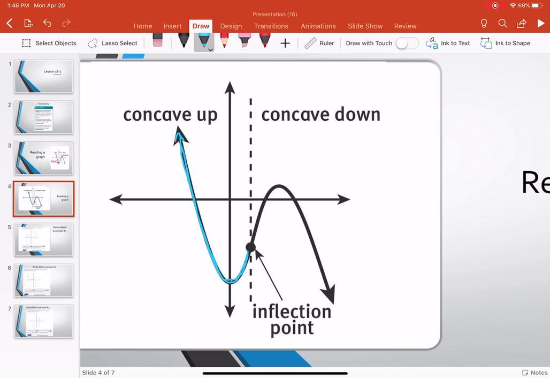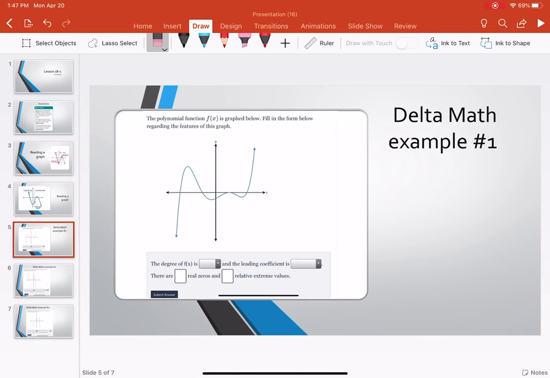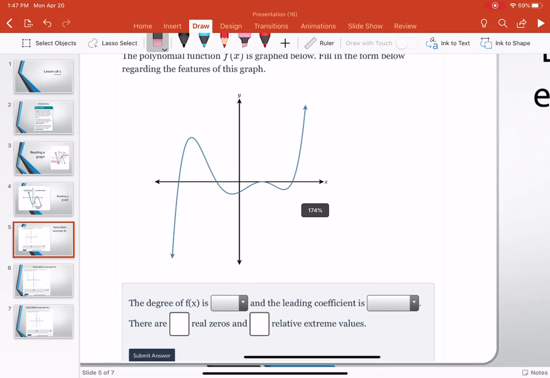If you flip your bowl upside down, this is called concave down. And right here, where it changes from concave up to concave down, this is called the inflection point. So let's go over some Delta Math problems that we're going to do on the Delta Math assignment.